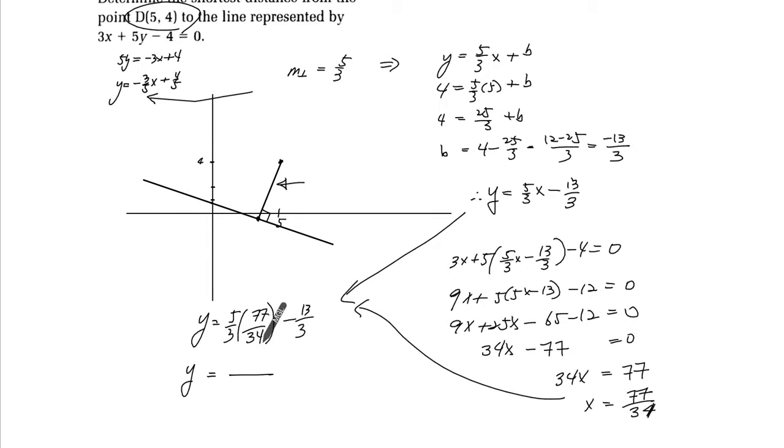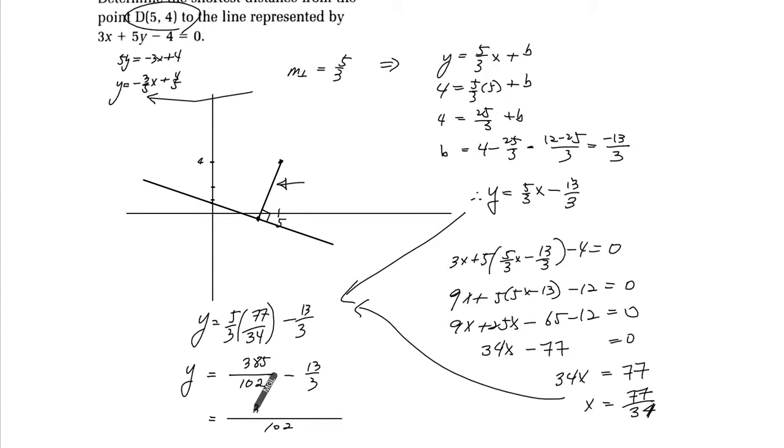So this is 102, right? We get that. 102 is a multiple of 3, right? 3 times 34 is 102.